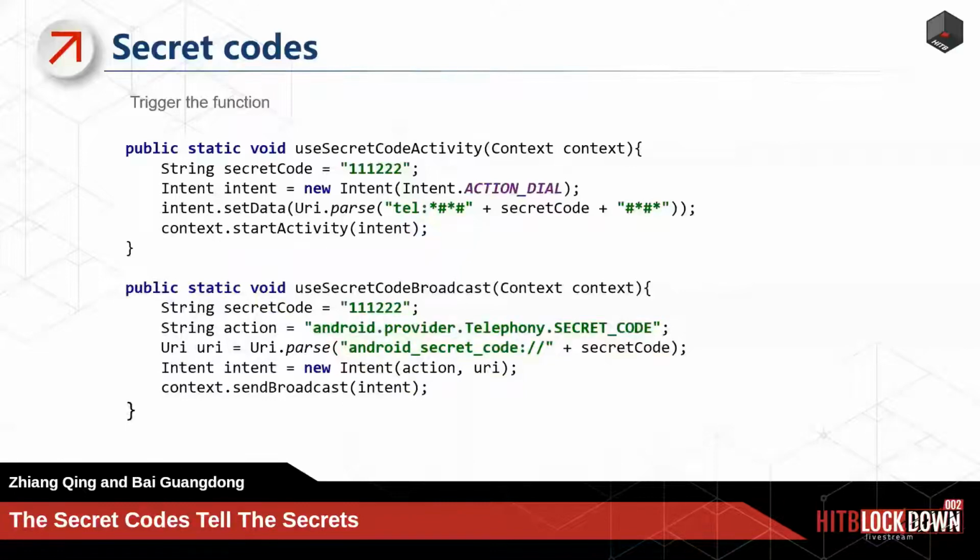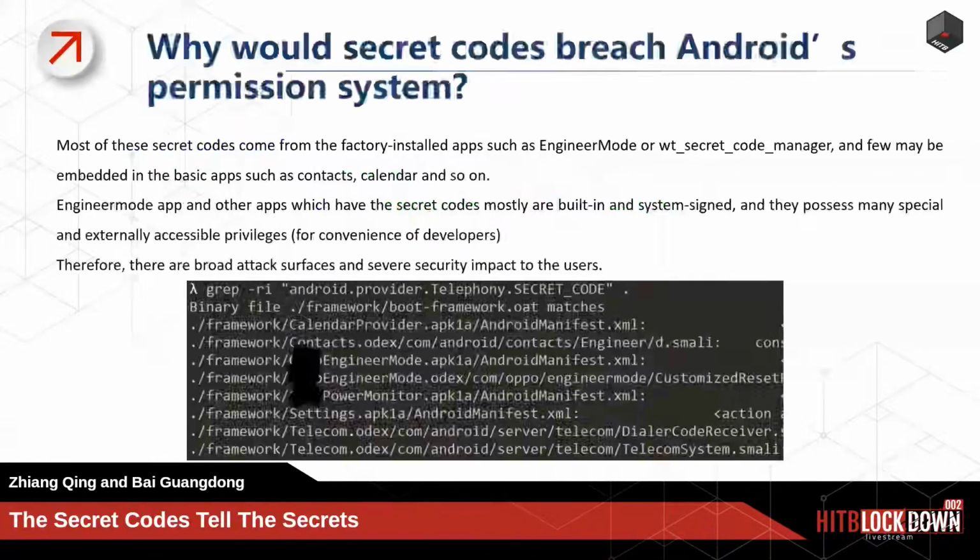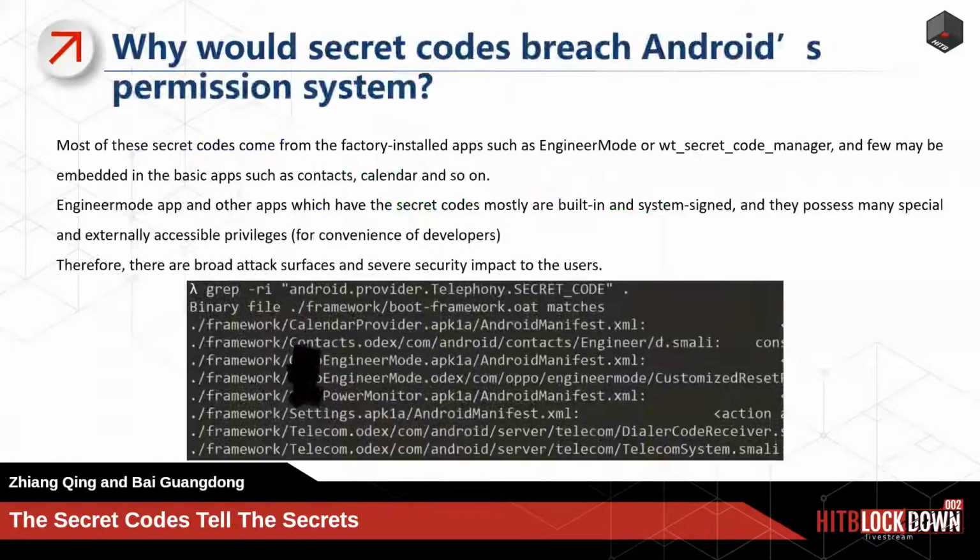Okay, so why is this risky? Why is this dangerous? Basically, those secret codes come from factory-installed applications, such as the engineer mode or WT secret code manager, and some are from embedded applications such as contacts, calendar, and even the calculator.